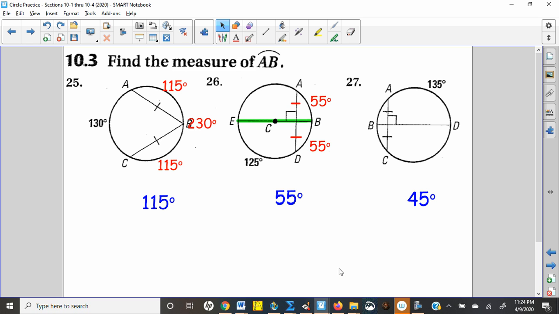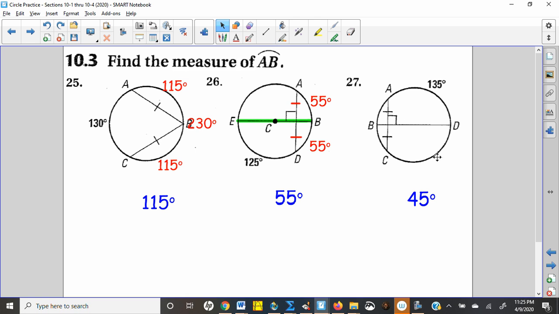So AB is 55. Now on number 27, we have two chords that are perpendicular, and one of them is bisecting the other. That means that the chord which is bisecting the other has to be a diameter by theorem 10.4.